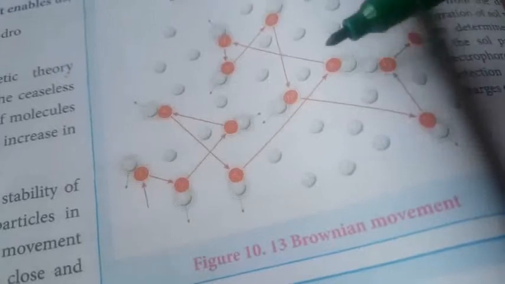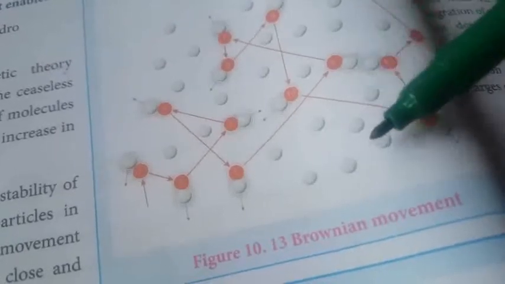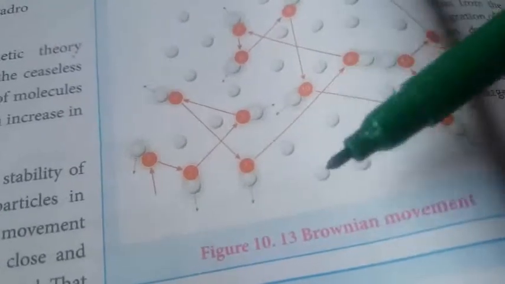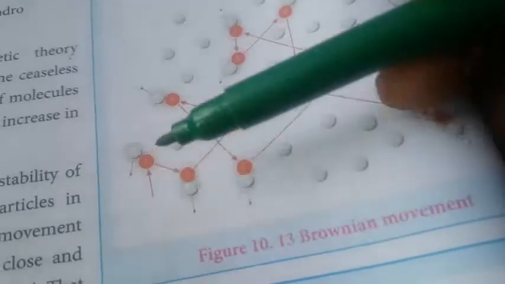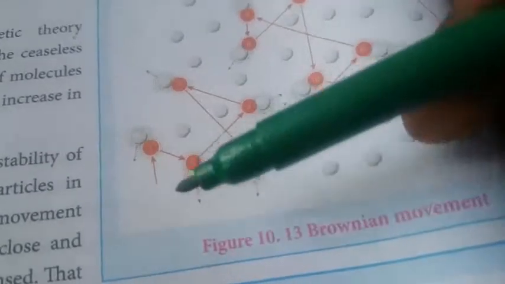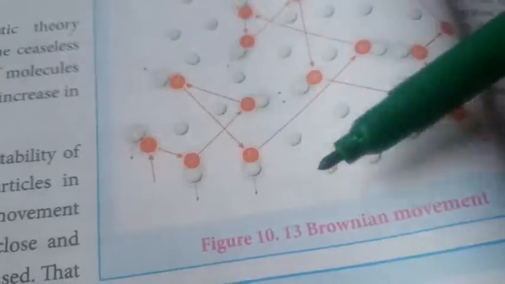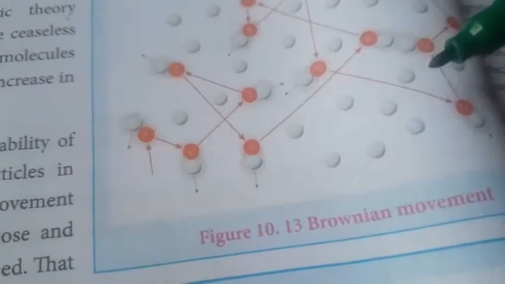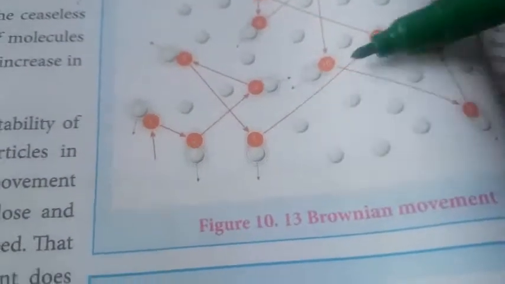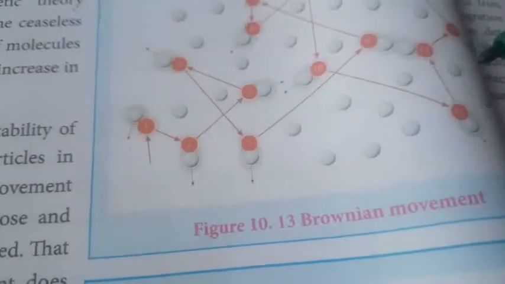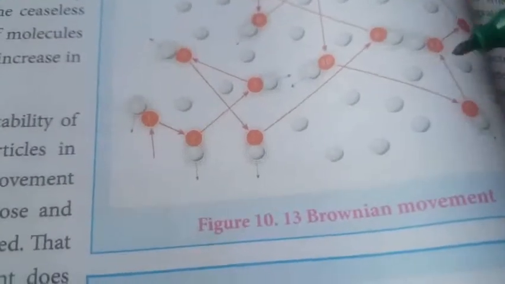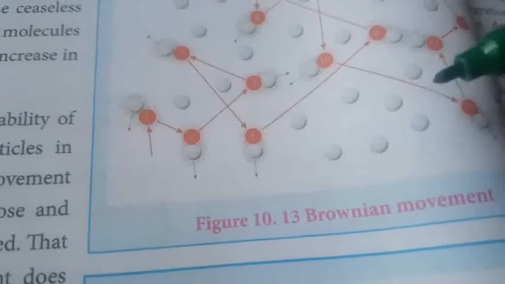It is considered a rapid movement of the molecule that increases with increase in temperature. When the temperature increases, the movement also increases. This helps in understanding the stability of the colloids. Because of the continuous rapid movement, the particles do not come close and cannot get condensed.